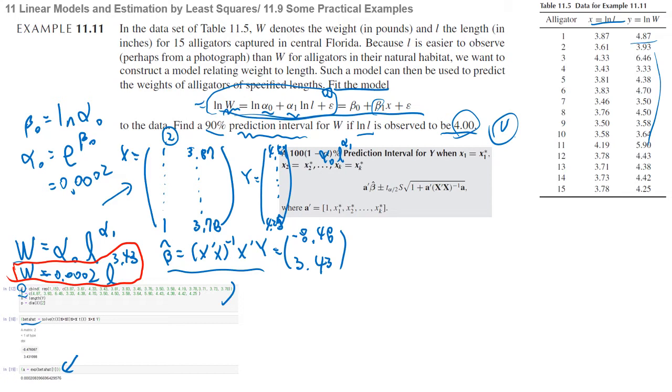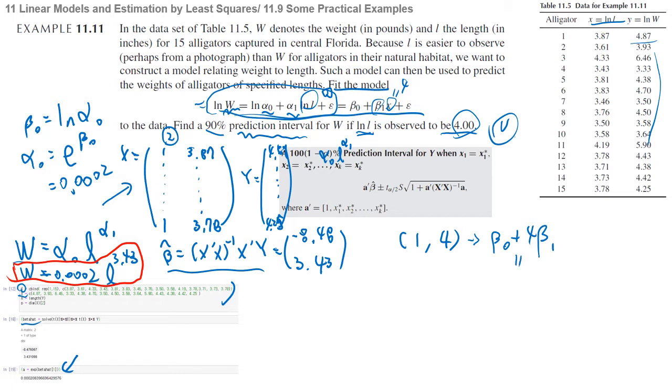To construct it, we should put our a vector as 1, 4, since L equals 4, which is x equals 4. Then a transpose beta hat is beta 0 plus 4 beta 1.